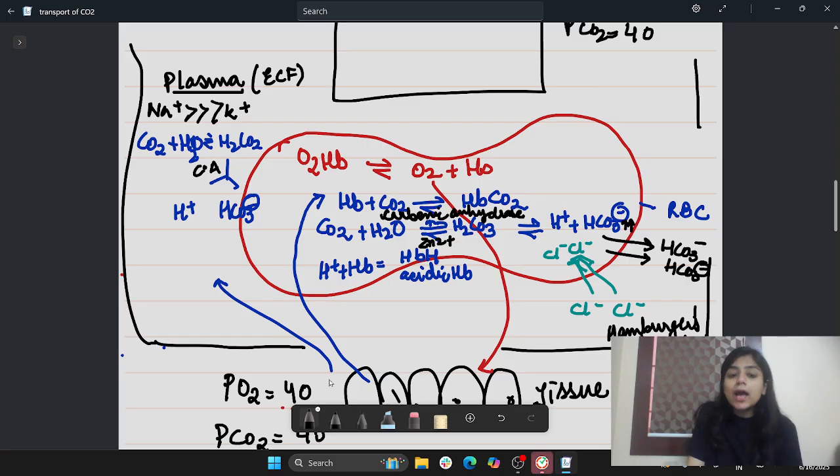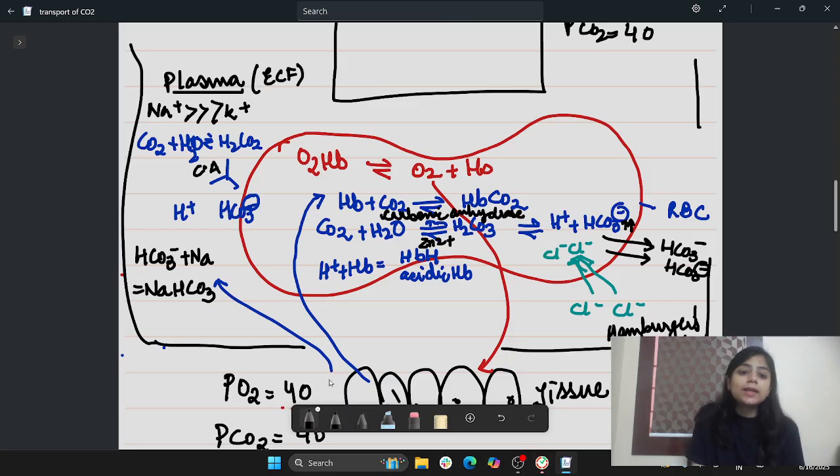So what can happen is that this HCO3- ion may bind to Na+ to form sodium bicarbonate, or it can bind to K+ to form potassium bicarbonate, but the level of Na+, the sodium bicarbonate, will be in a very large amount.